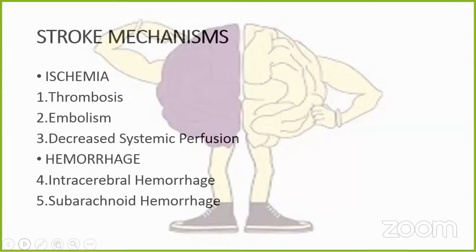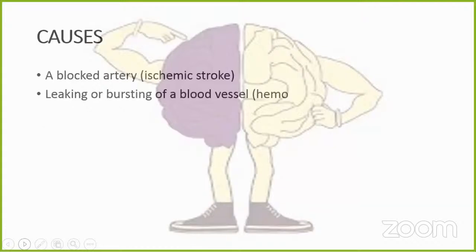As we have very limited time, I am not able to go much into detail. When the blood arteries are blocked with embolism or thrombosis, it may obstruct the path of the blood.